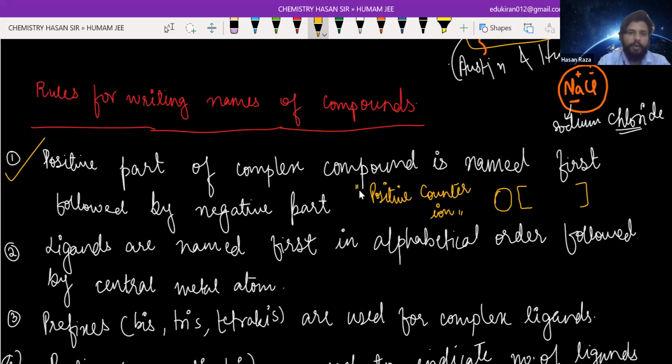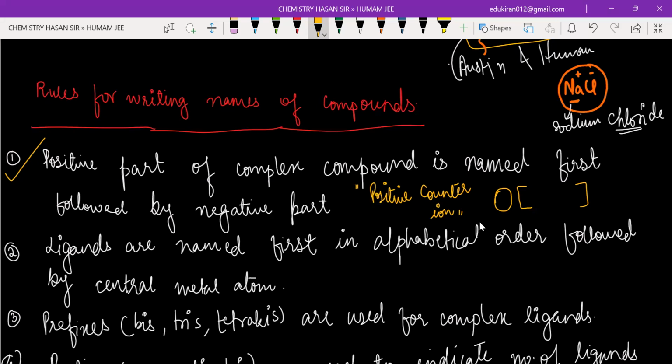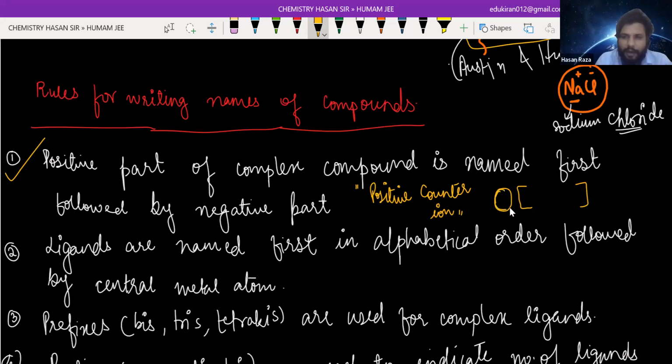Are you getting my point, both of you, Austin and Humam? Yes, sir. If there is a positive counter ion, you just name it, and then you jump into the square bracket and write the names of the ligands in alphabetical order.